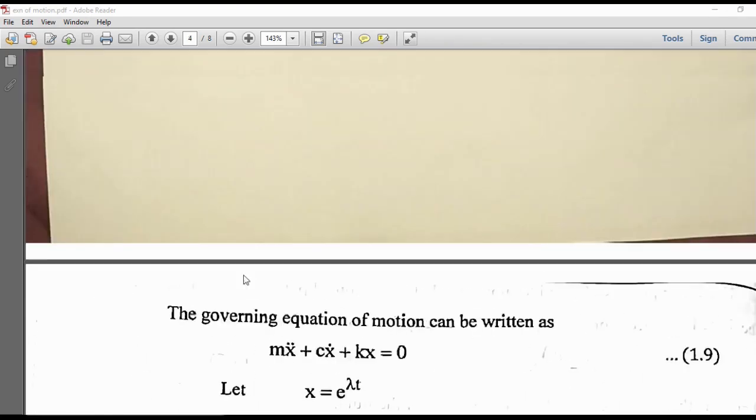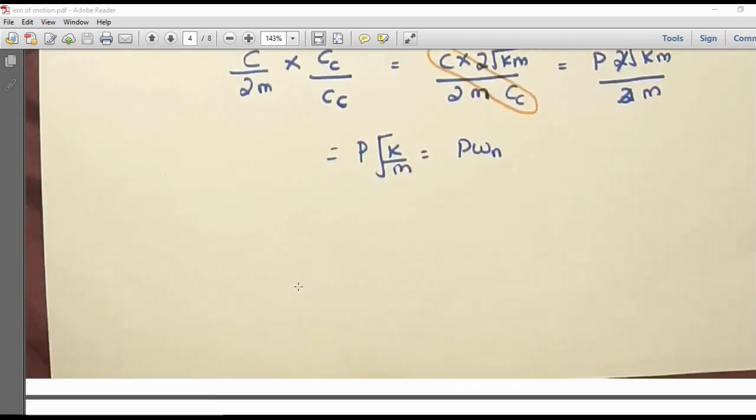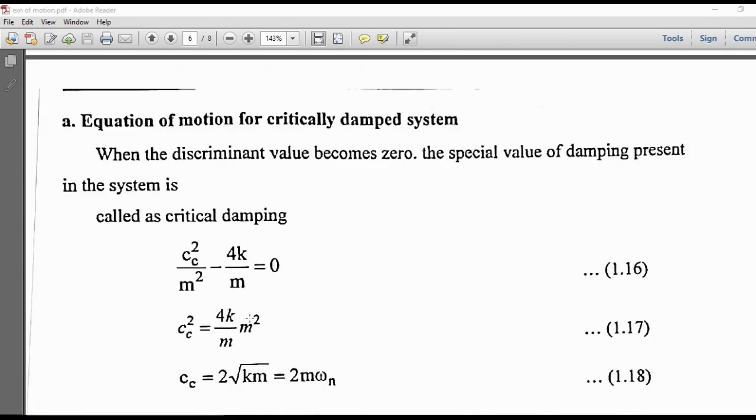Now, the formula for frequency omega n equals root of K by M, and I have K by M there. So K by M is actually omega n square. So substituting this there, I get Cc square equals 4 omega n square M square. So taking square root of that, I get Cc equals 2M into omega n.